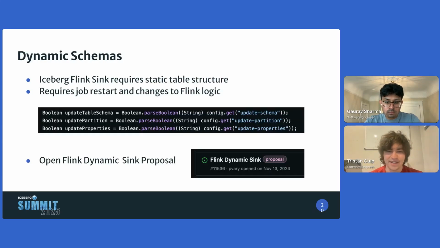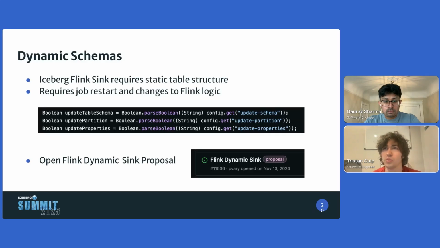The biggest thing here is that one of the reasons we were initially drawn to Iceberg was being able to have this dynamic schema update. Then we found out that with the Iceberg Flink sink, right now it actually requires a static table structure, so this doesn't apply.